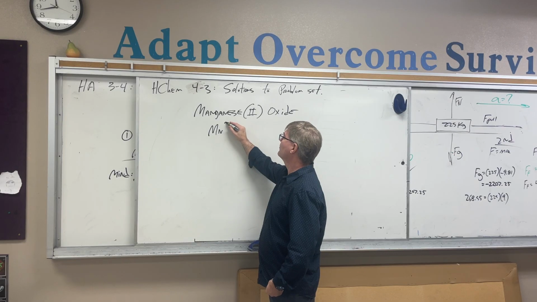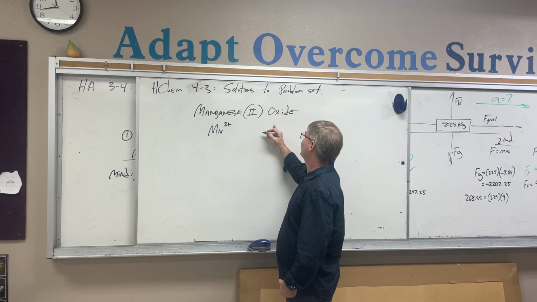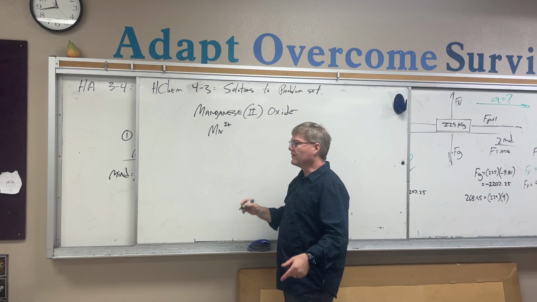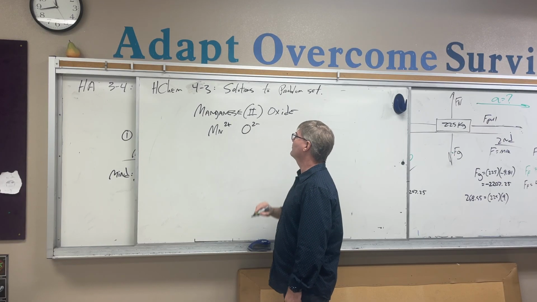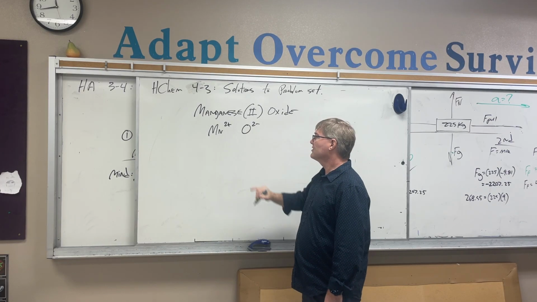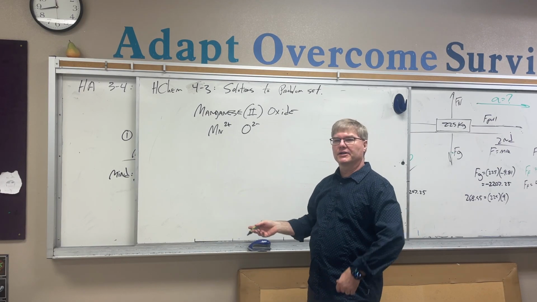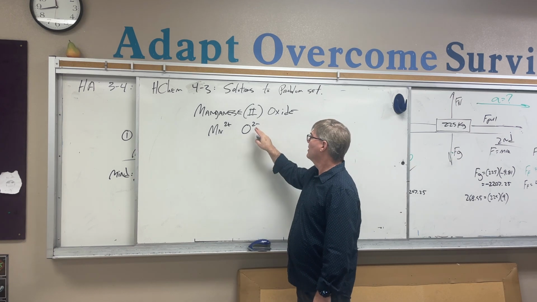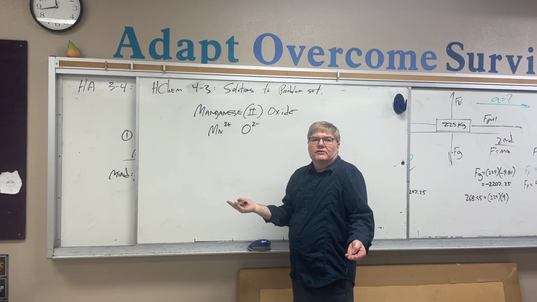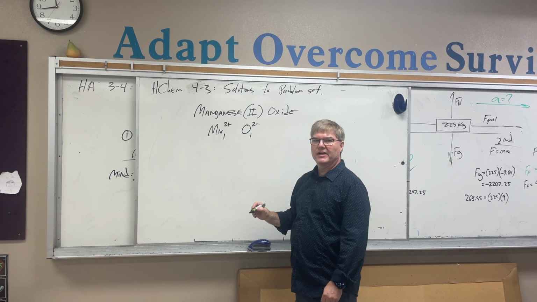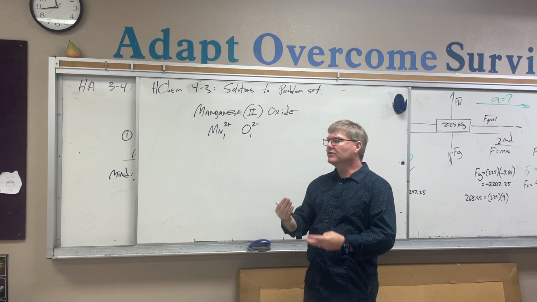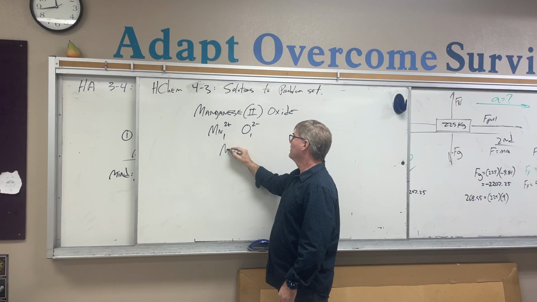This is the 2 positive version of it. Oxide, okay, go hunt for oxide, find out that's just O2 minus. And it's just a simple single atom ion here. Charge equivalence, they are already equivalent. 1 of each is enough for them to match and have charge equivalence. So the formula will be MnO.